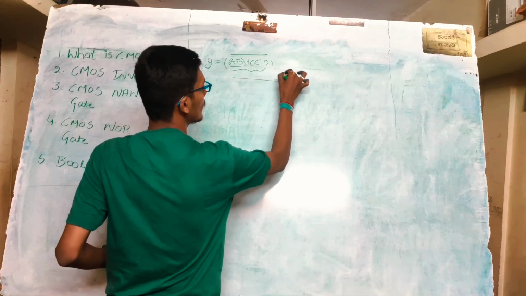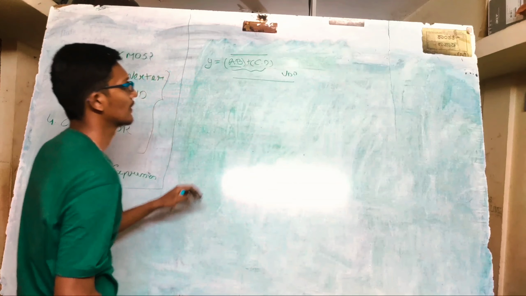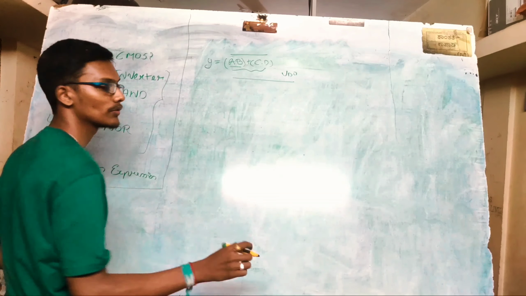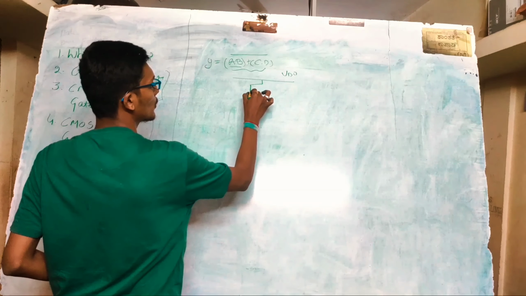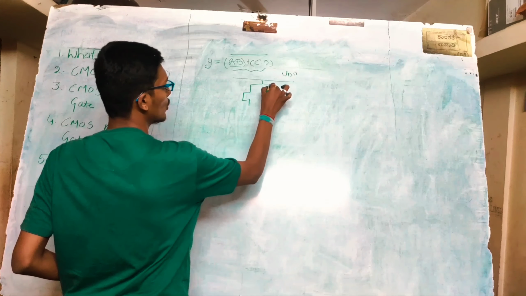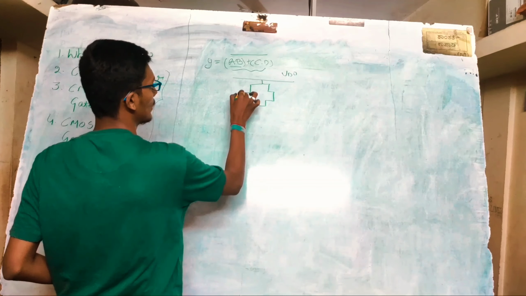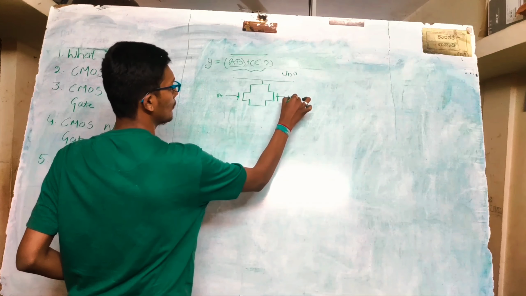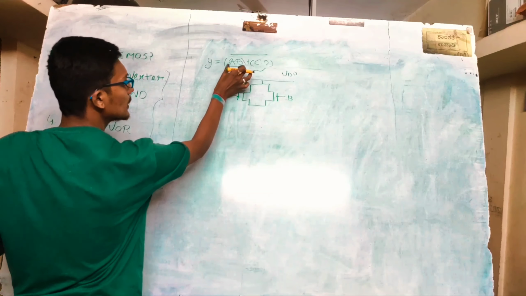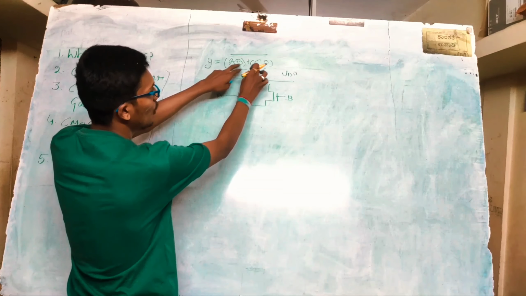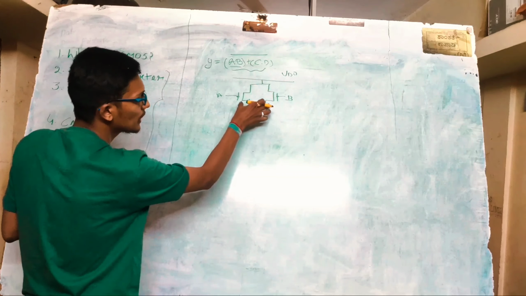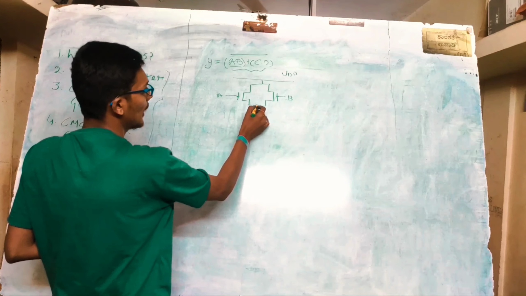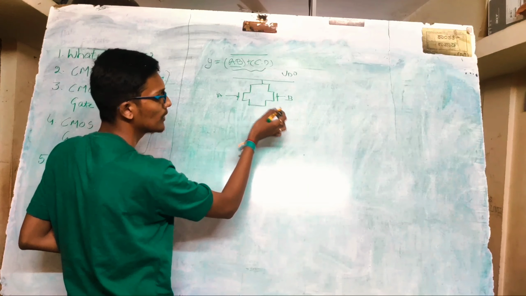So this is my VDD line. Fine. We have AND operation, so PMOSes will be in parallel, right? So inputs are 2, so I take 2 PMOSes which are in parallel. So fine, this is my A, this is my B. Okay, this is parallel, but this is ORed with C and D, so this will come in series. As OR operation, PMOSes will be in series.